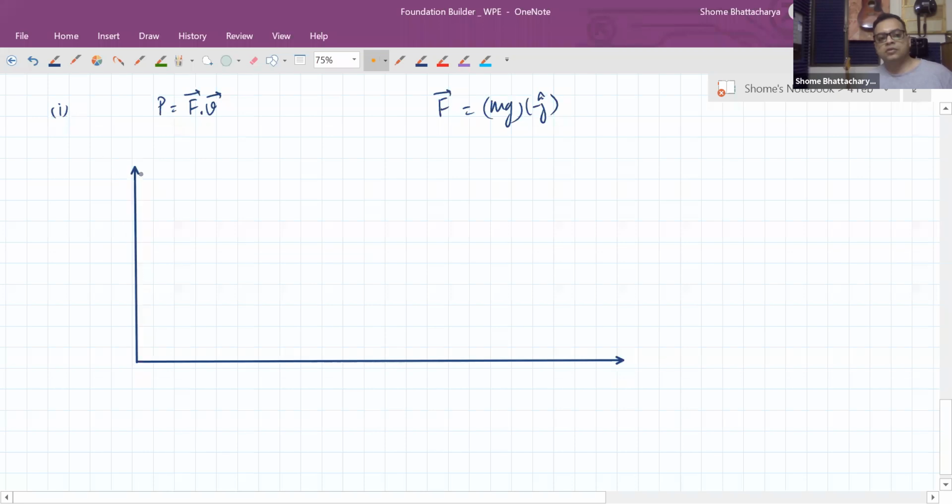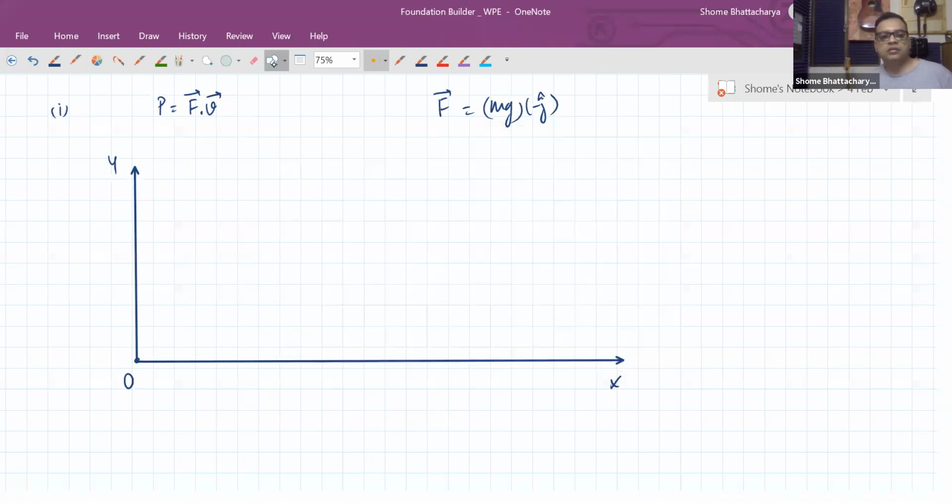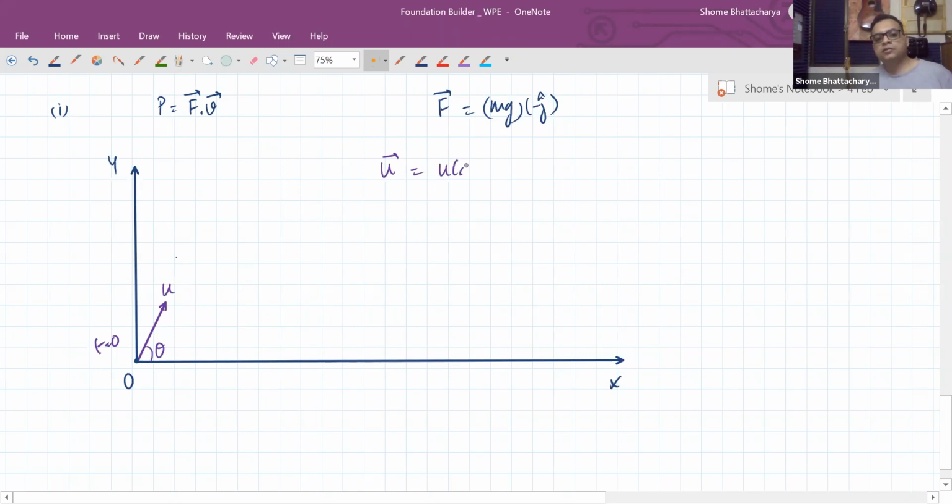Okay, so the rest is all using the projectile motion equations. If you project a particle at an angle theta with respect to the horizontal like this, then at t equal to 0, the initial velocity we can write as u cos theta i cap plus u sin theta j cap.